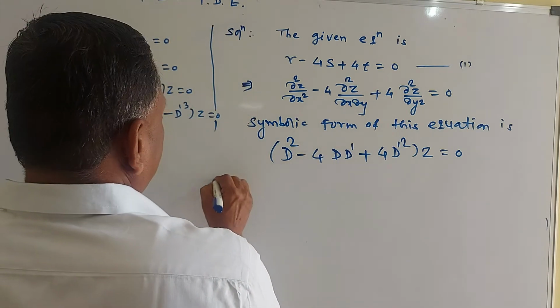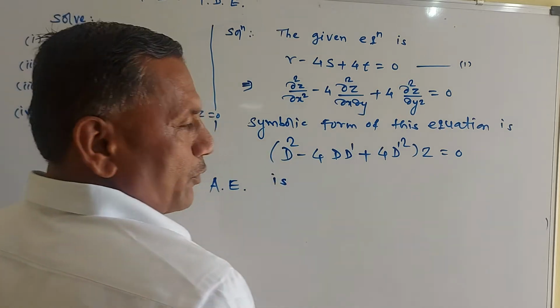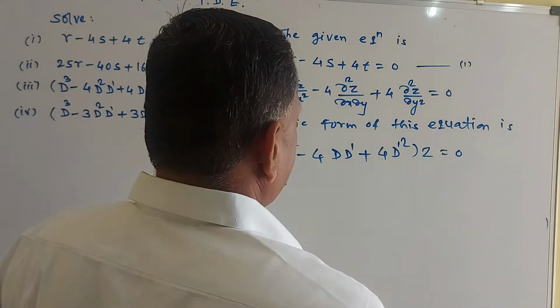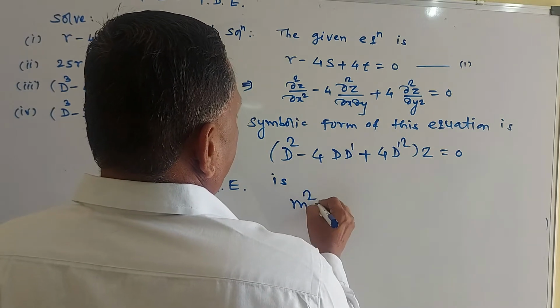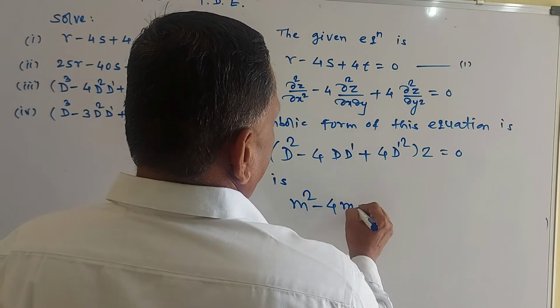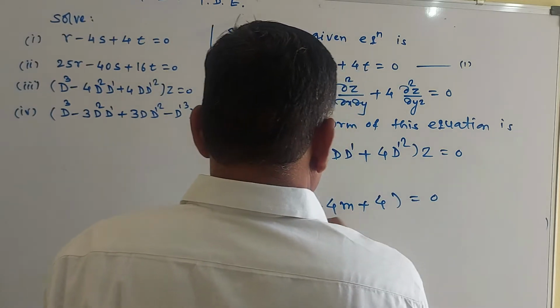The auxiliary equation is, you put D is equal to m and D dash is equal to 1. Therefore, m square minus 4m into 1 plus 4 is equal to 0.